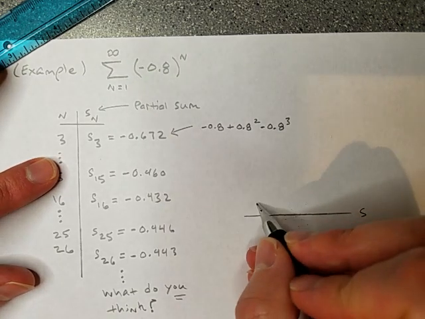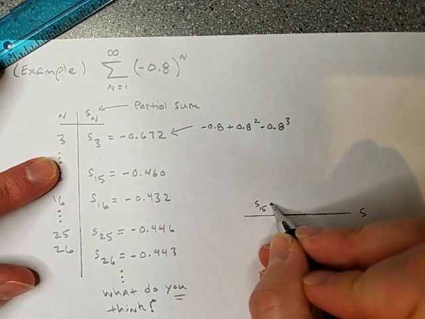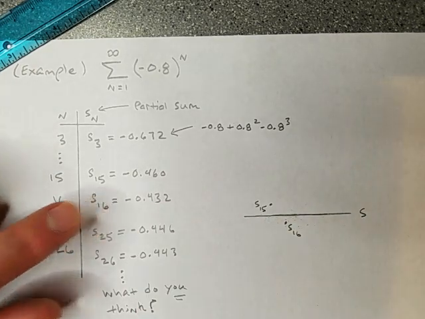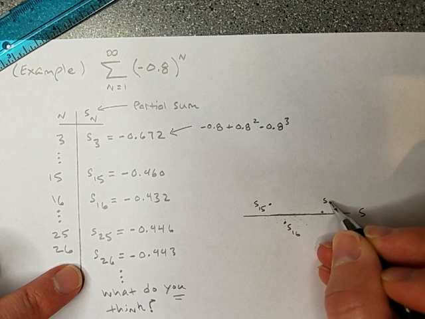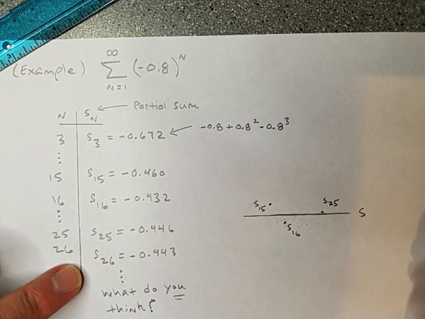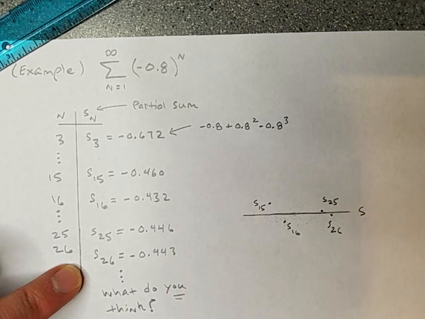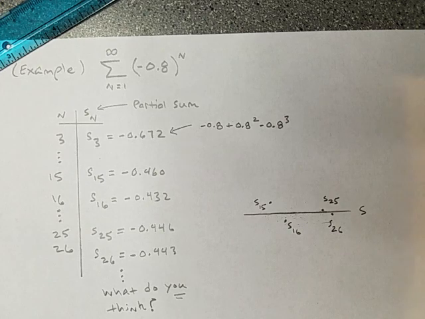And it looks like S15 is a little bit high, and then S16 is a little bit low. And then S25 is just a little bit high, but then S26 is a little bit low. But they're approaching something. It looks like it's about 0.44.